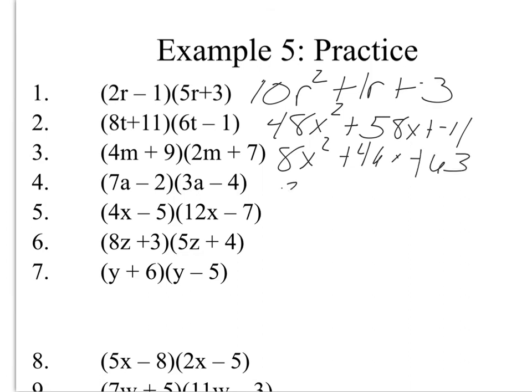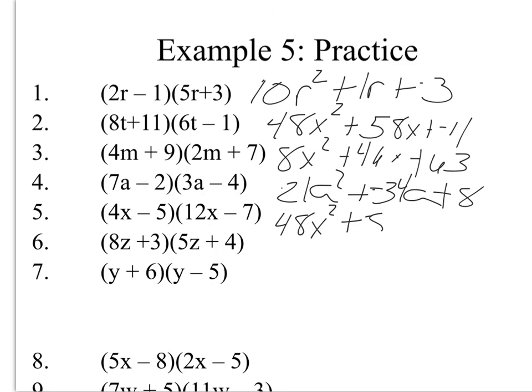Number 4, I have 21a squared plus negative 34a plus 8. It's a negative 34. Number 5, I have 48x squared plus negative 88x plus 35.